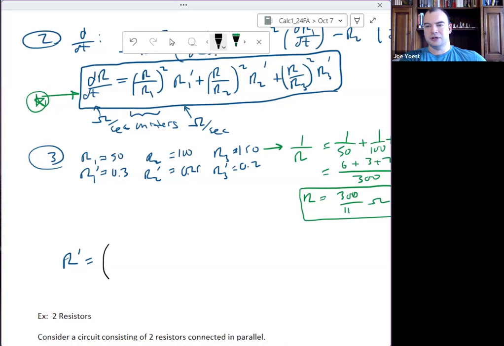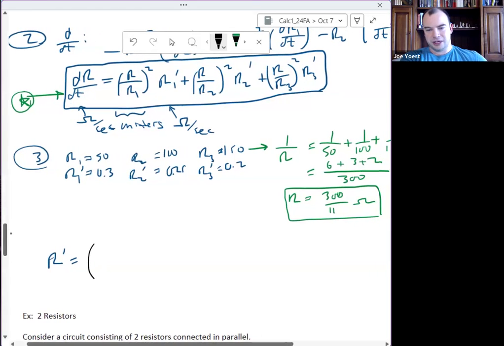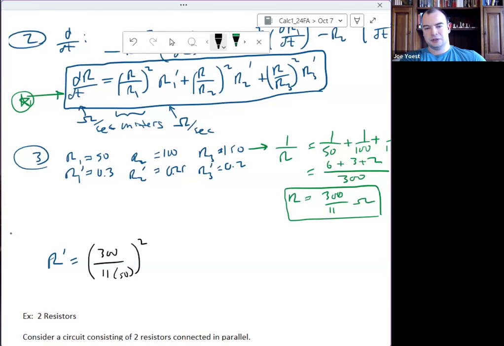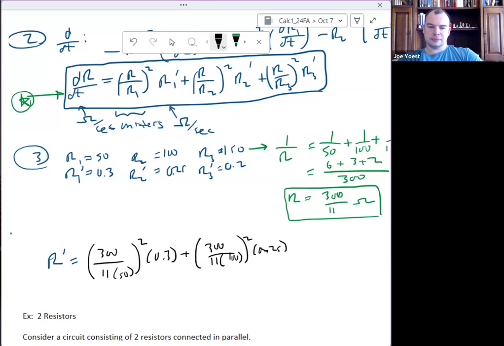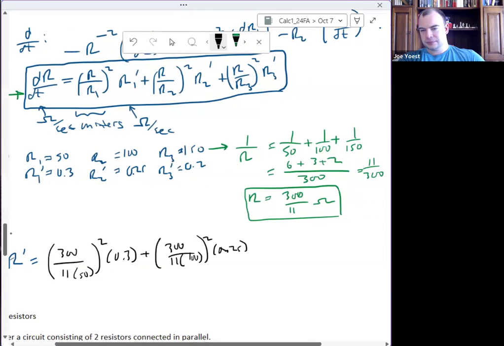R prime is going to be R over R1, or 300 over 11, and then over R1 is over 50 squared times R1 prime times 0.3, plus R over R2 squared times R2 prime, and then plus R over R3.